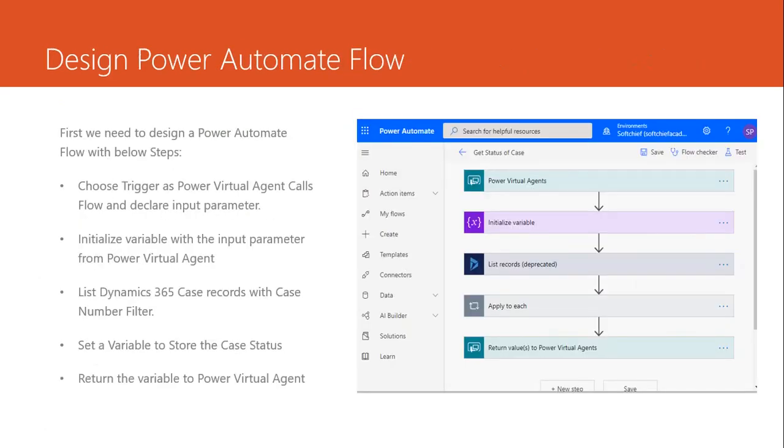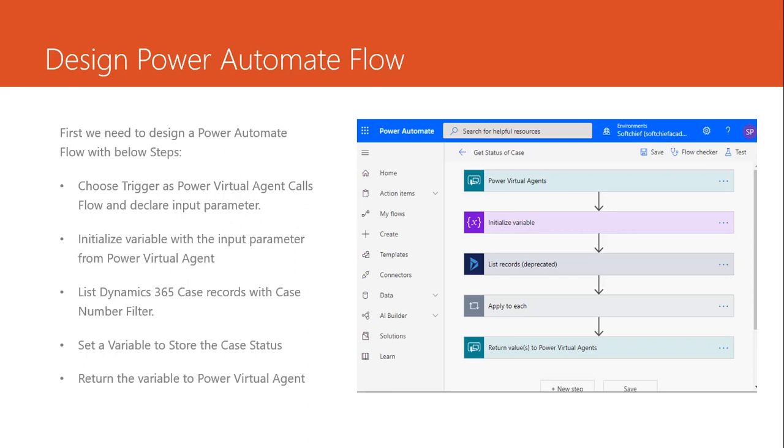Then we will design the Power Automate flow. While designing the flow, we will choose a trigger as Power Virtual Agent calls a flow and declare input parameters, because the Power Automate should accept an input parameter as the case number from the Power Virtual Agent.